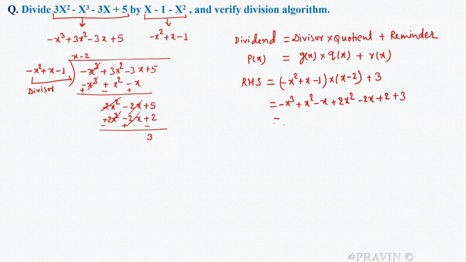And further when you solve, you will get minus x cube plus 3x square minus 3x plus 5, and this is basically the dividend. Thus you can say that the division algorithm has been verified. This is how you can divide one polynomial by another one, and also you can verify the division algorithm.